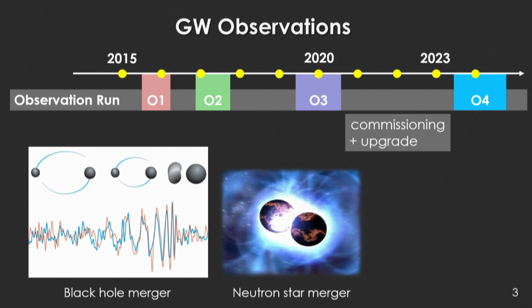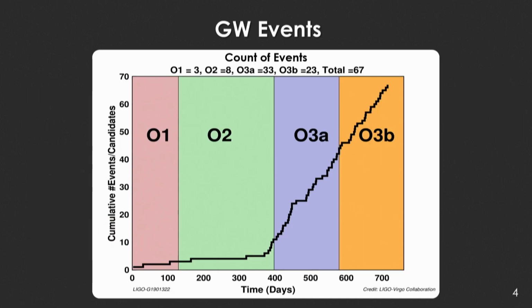The gray area here is where we pause our observing, do commissioning, and try to improve the detectors. We just know that O4 started this year.